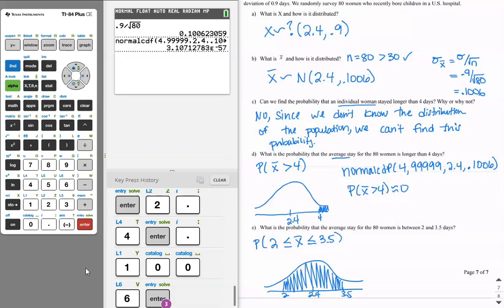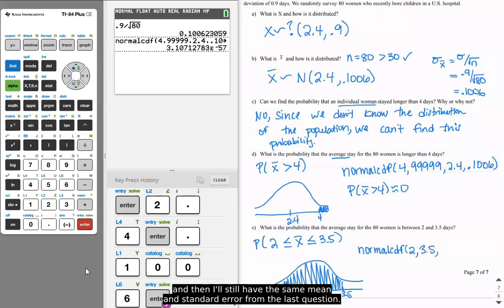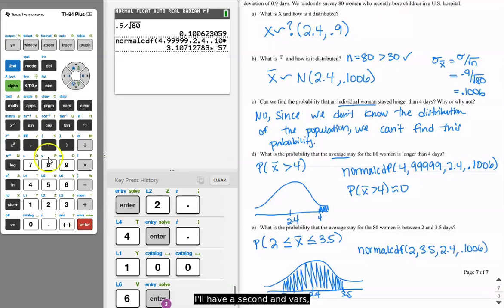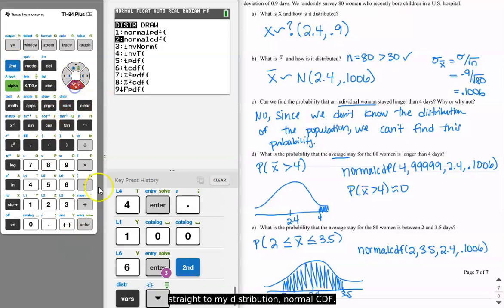Okay. So we'll have our normal CDF. My lower limit looks like it's going to be 2. Upper limit's going to be 3.5 in this case. And then I'll still have the same mean and standard error from the last question. So I'll hit second distribution to get my normal CDF.